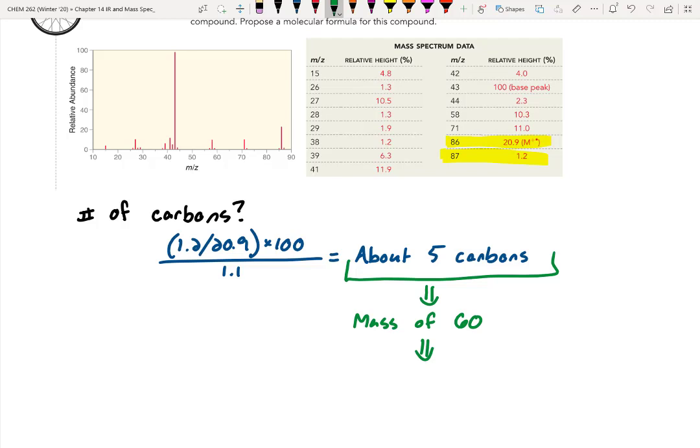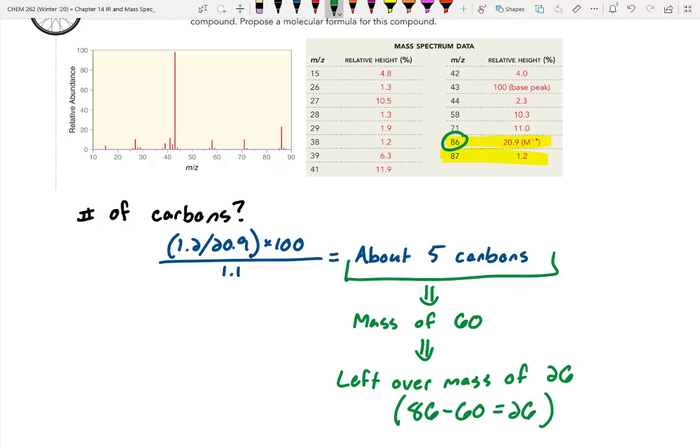What's left over then? I'd say 26 mass units left over, right? Because if we think about our parent peak, it was 86, and 86 minus 60 equals 26.